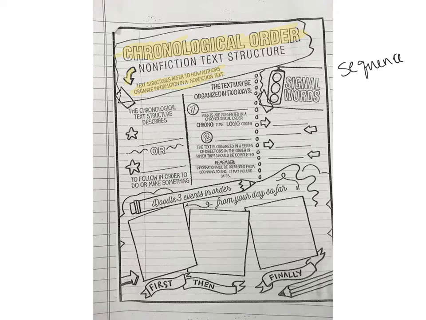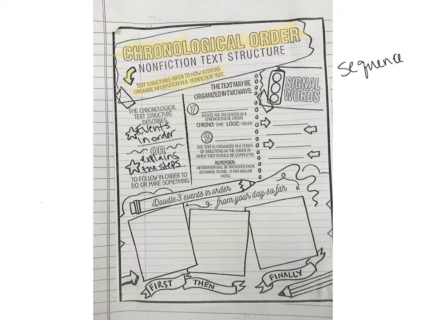Now, the chronological text structure describes events in order, or it explains the steps. That means that you have to follow something in order to complete it or to do something.